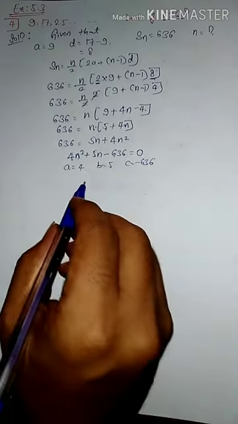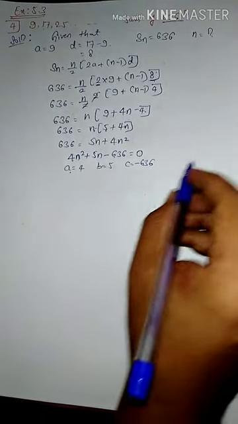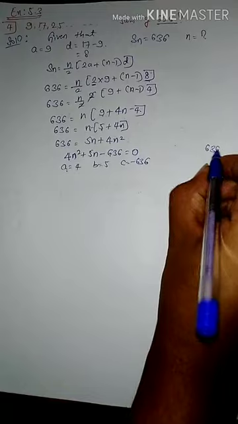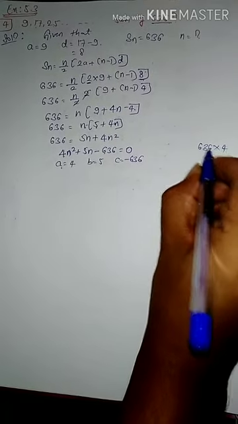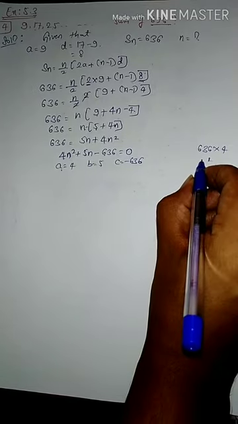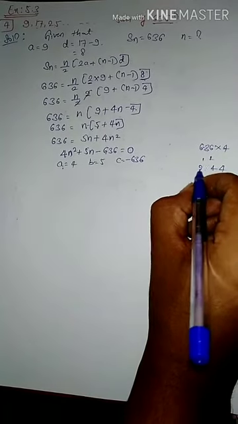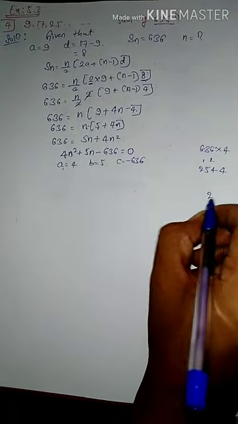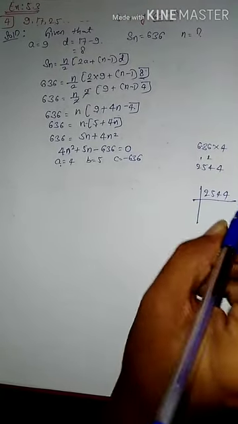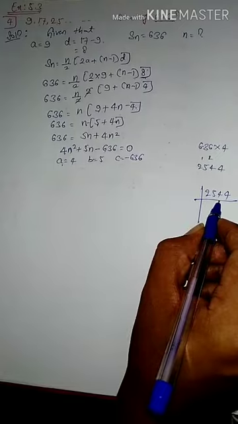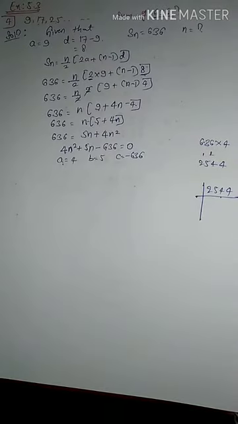First a into c, 636 into 4, is 2544. Now find the factors of 2544, where the product is 2544 and the sum is 5.